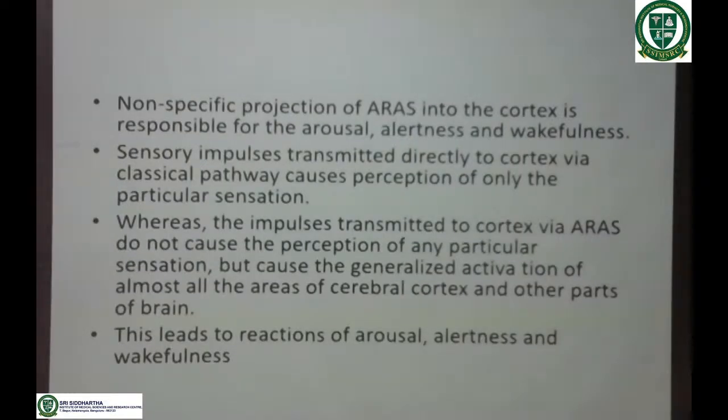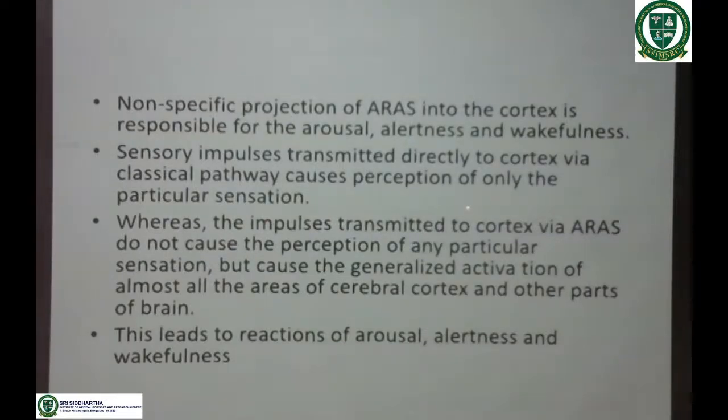Okay. This non-specific projection of the ARAS into the cortex is responsible for arousal, alertness and wakefulness. Sensory impulses transmitted directly to the cortex via the classical pathway cause perception of only the particular sensation.